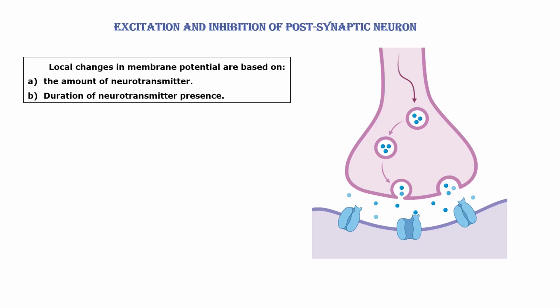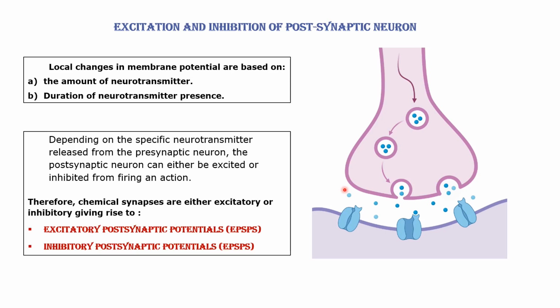The extent of the changes which are brought about by the presynaptic neuron on the postsynaptic neuron depends upon the amount of neurotransmitter that is released by the presynaptic neuron into the synaptic space, and also the duration for which this neurotransmitter resides in the synaptic space. Not only that, the nature of the neurotransmitter which is secreted determines whether the postsynaptic neuron will be stimulated or inhibited.